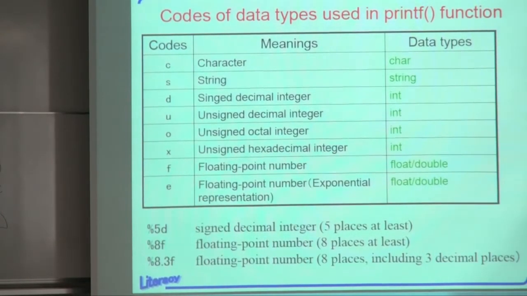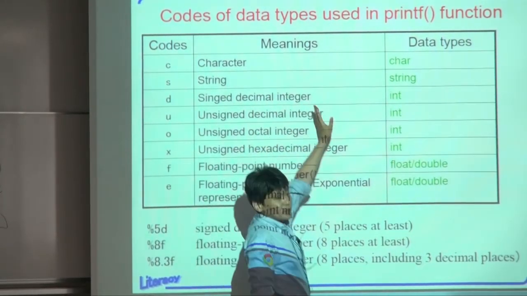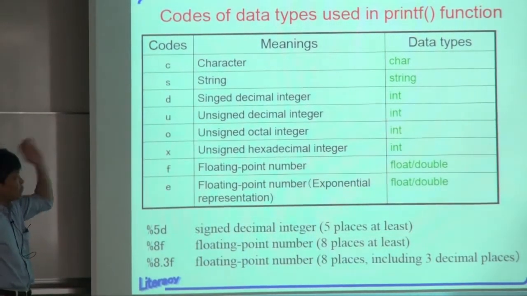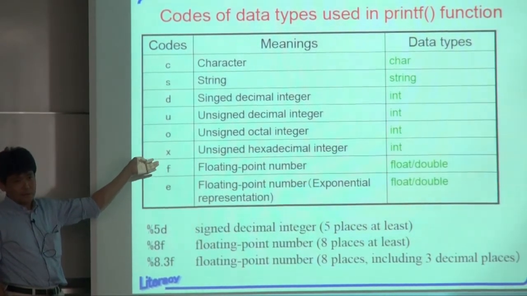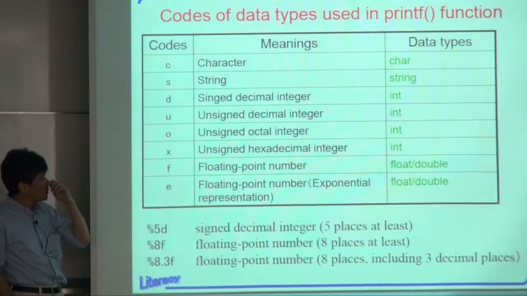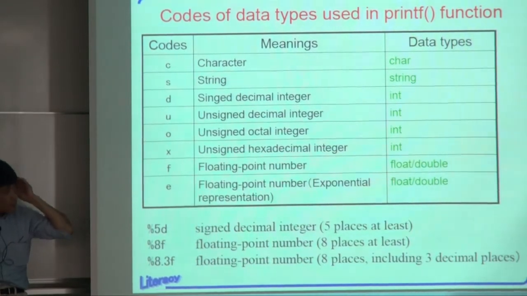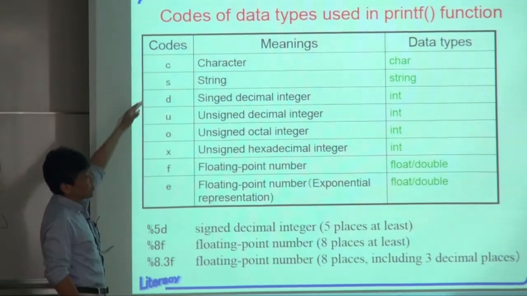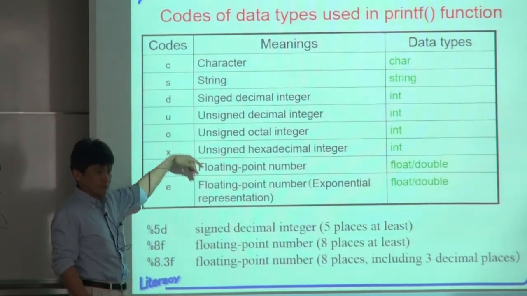The actual code characters, their meanings, and the corresponding data types are as shown here. This is very important for using format strings. Maybe it's somewhat difficult to remember, so if you don't know what kind of code character you can use, please refer to this page.